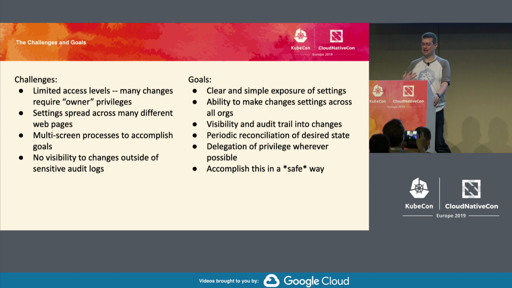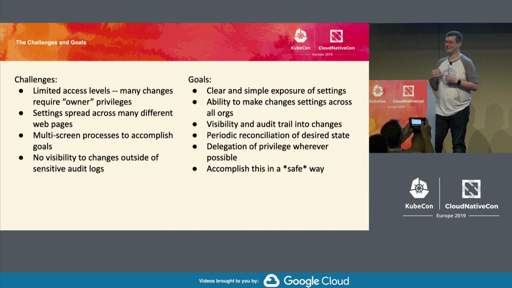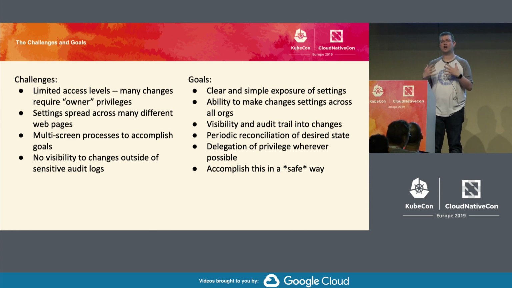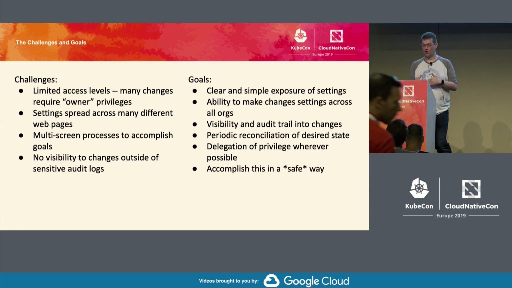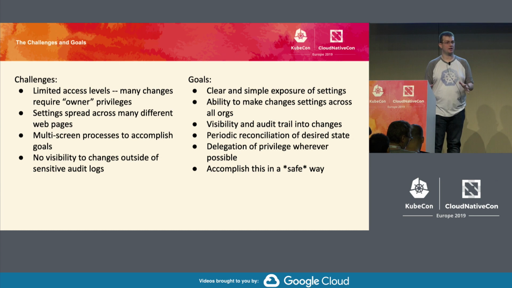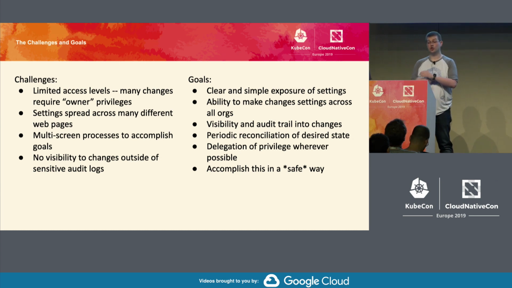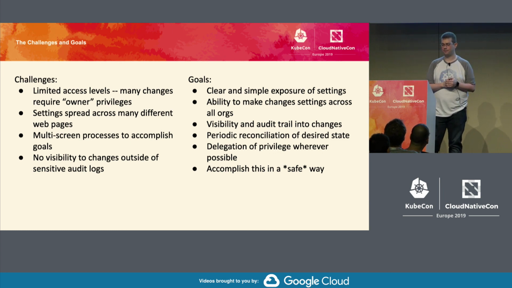We needed something that allowed us to, in a simple and clear way, take actions against all of our orgs. We wanted to provide that visibility and audit trail to anyone working in the project, even those outside of our project. Similar to the Kubernetes model, we wanted to reconcile the actual state with our source of truth and make whatever changes we needed to get to that desired state.